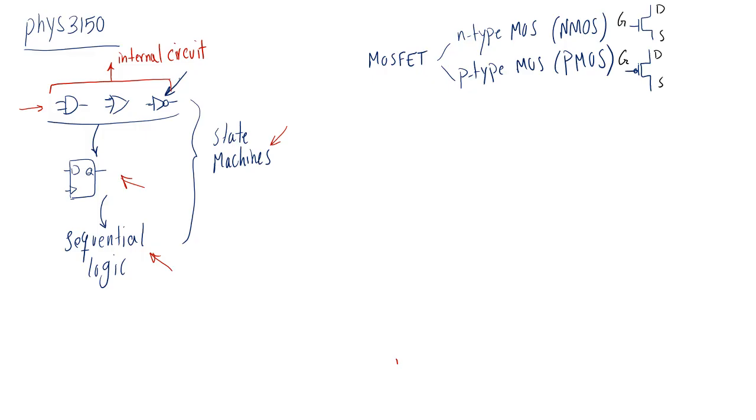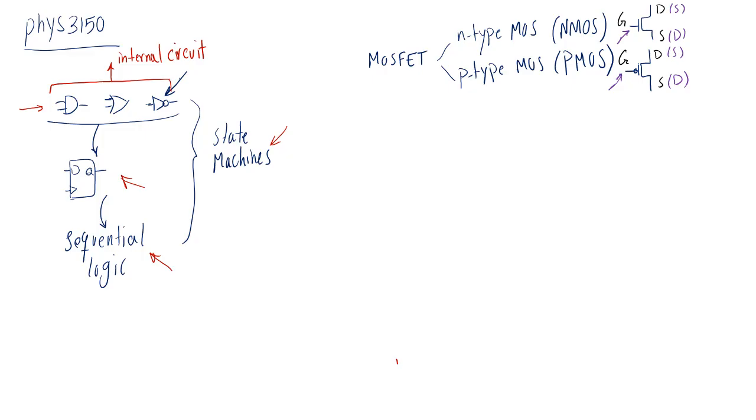Both NMOS and PMOS are symmetric devices, meaning that I could have called this source and this drain, or this source and this drain. The important thing is that the terminal that is here or here is always the gate, but the other two could be source or drain. Now, the MOSFET could operate in different regions.